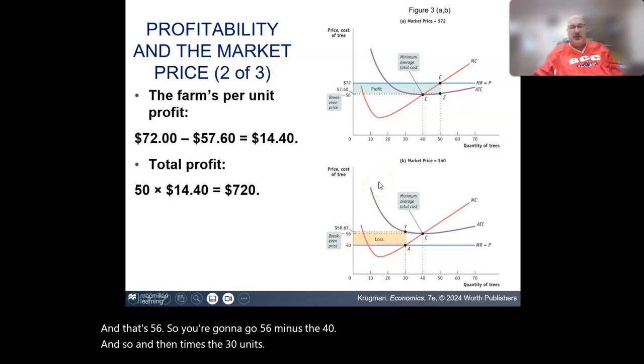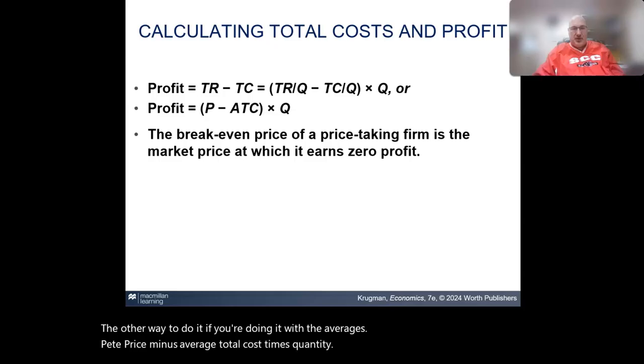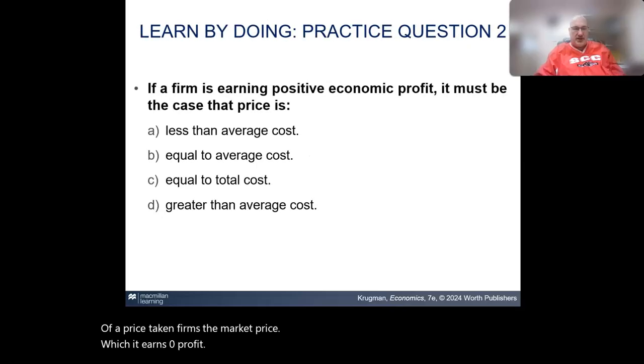That's the way it would be for your loss. So profit is total revenue minus total cost. The other way to do it, with the averages, is price minus average total cost times quantity. The break-even price of a price taker firm is the market price at which it earns zero profit. And remember, that's economic profit.